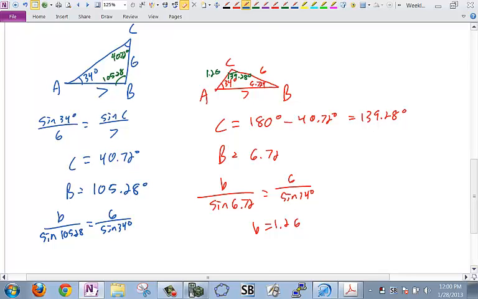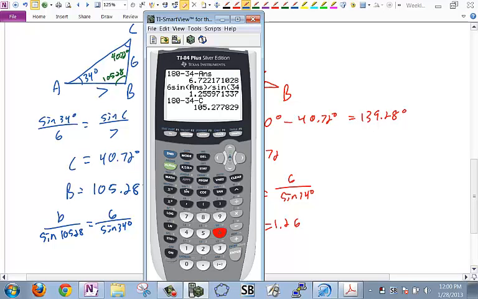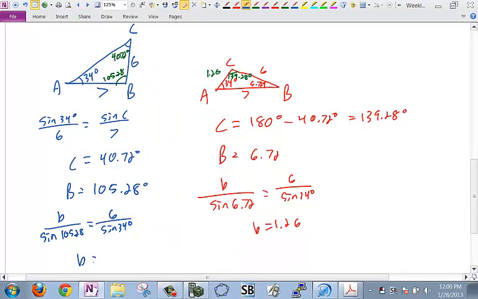And then we go for side B. So 6 times the sine of 105.28 divided by the sine of 34, and we get 10.35.